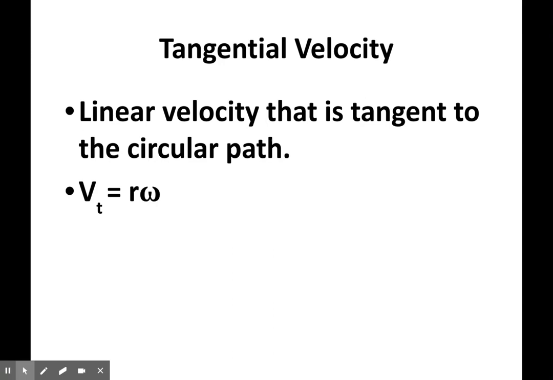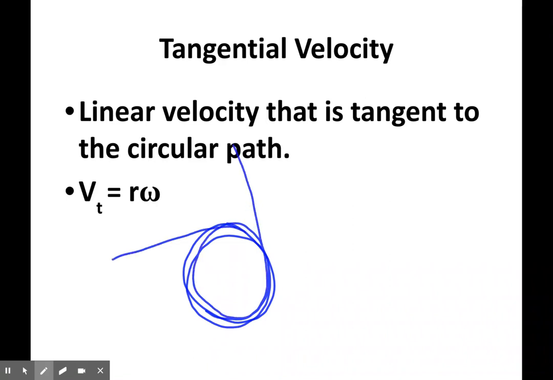Tangential velocity is the linear velocity that's tangent to your circular path. When you think about a circle, if an object is moving around the circle but then were to shoot off at one point, this is the velocity that would be tangent to the circle.